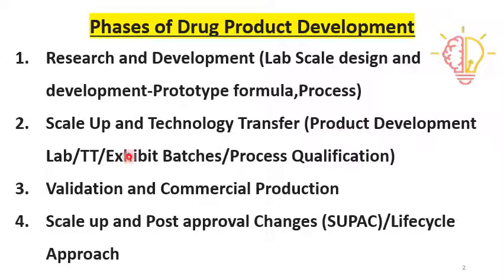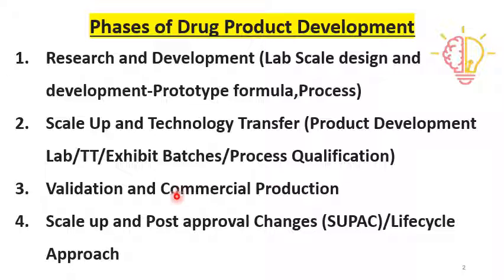This involves the product development lab for scale up and technology transfer, which is also called TT in the pharmaceutical industries, that is technology transfer, exhibit batches and process qualification batches. So the entire step involves scale up and technology transfer. Then validation and commercial production. Once the product gets approved after completion of the exhibit batches, validation is done and commercial production is started.